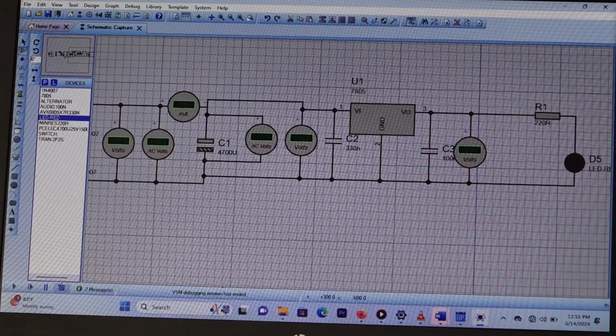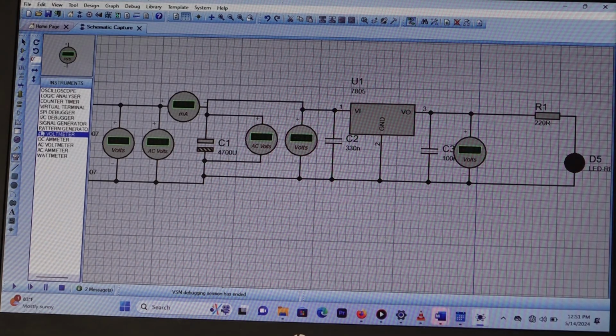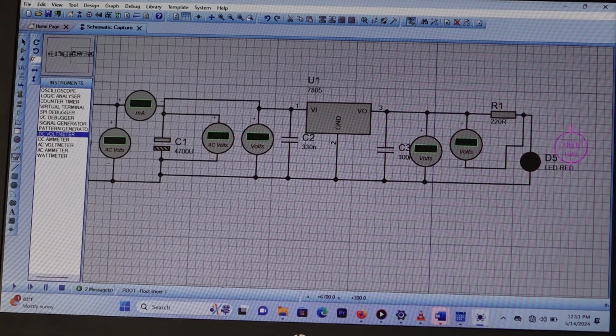But again, we need some testing points. Let us go to the virtual instruments, DC voltmeter. So this is a DC voltmeter to measure voltage across the resistor. Then we have another DC voltmeter. This one will measure the voltage across the LED.